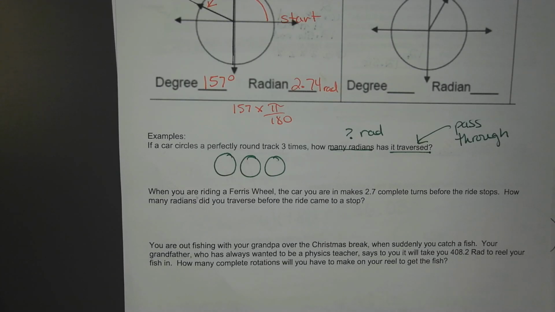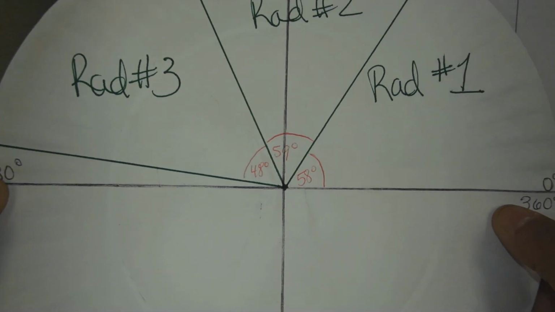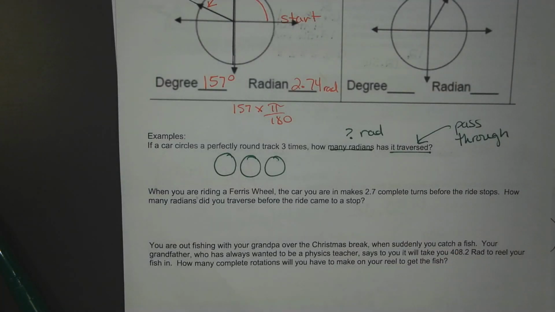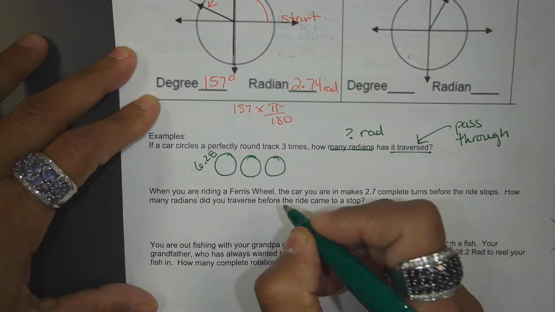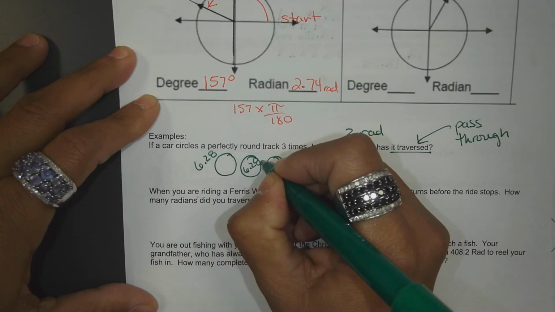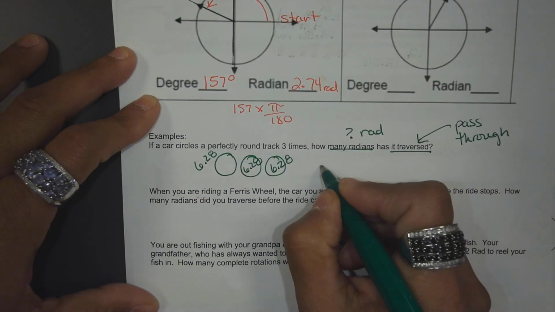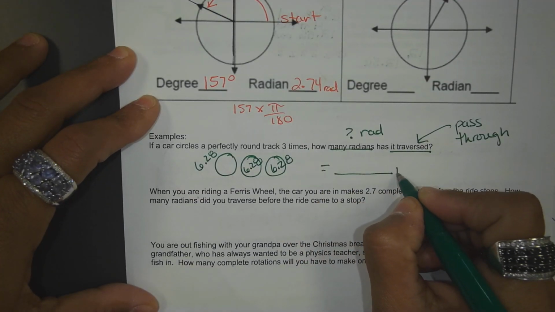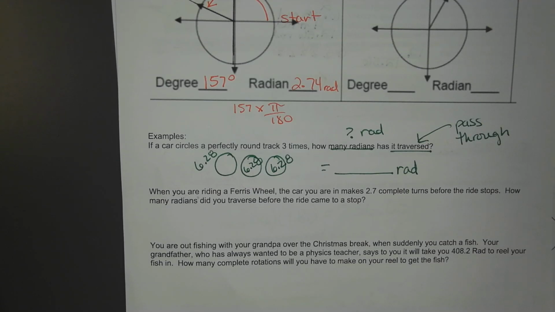Well, I personally know that a half a circle right here is 3.14 rads. So a full circle is 6.28 rads, 6.28 rads, 6.28 rads, and that equals the total. Easy cheesy. You are so ready for pre-cal and physics. Here we go. Next one.